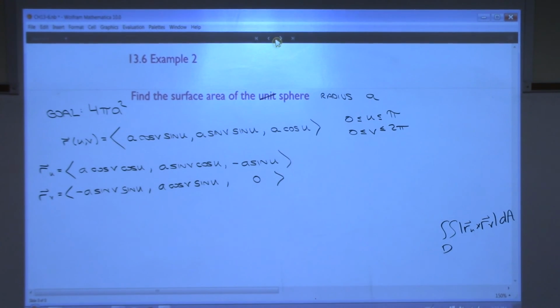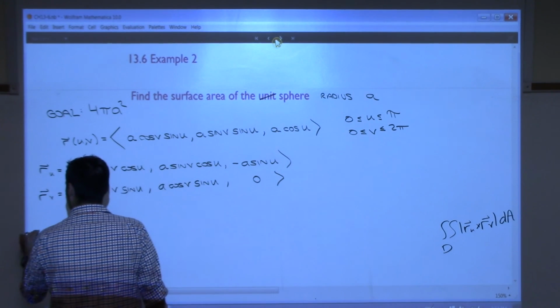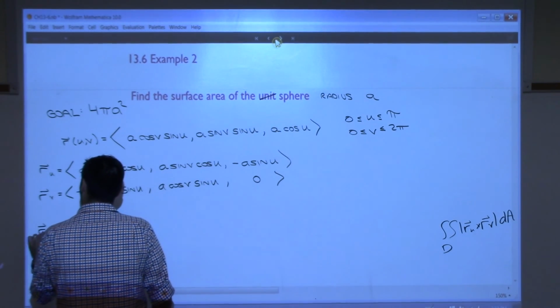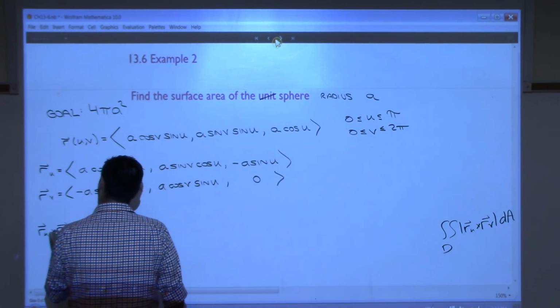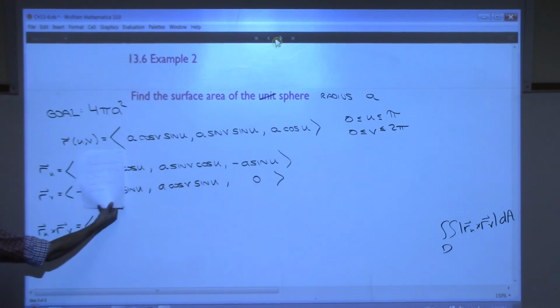Cross them. What do we actually have in there when we do our little crosses here? We get 0 there, and then we get a squared cosine v sine squared u.